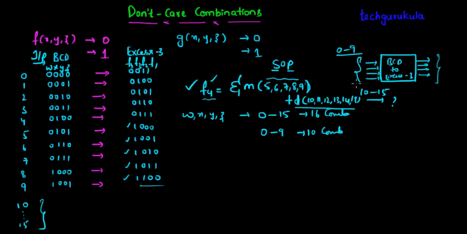We will see more problems based on these don't cares, and when we come to K-maps this makes even more sense. After completing this topic, it's better to see videos on K-maps in which don't cares are considered, and the advantage in the amount of logic reduction and so on. Thank you for watching.